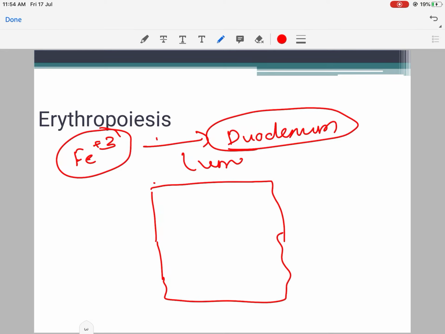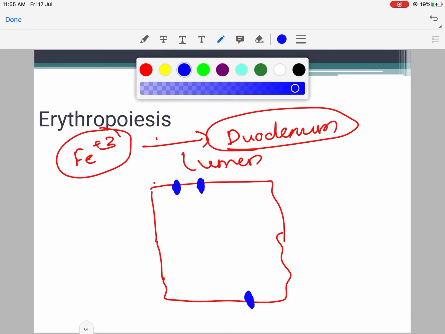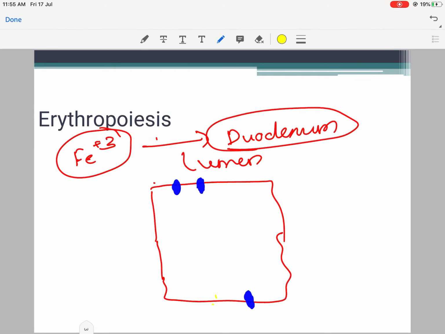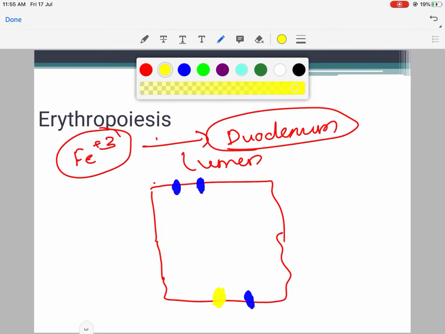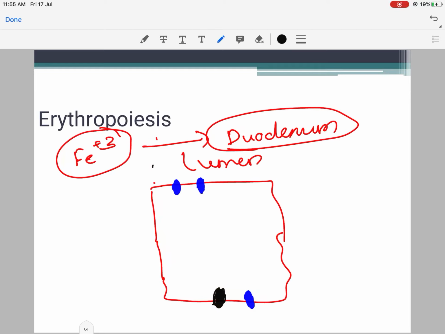This is the lumen. Okay, now iron, Fe+3, first attaches to a reductase enzyme.